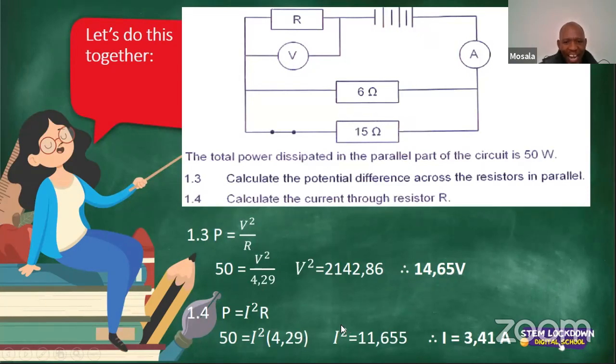Then we solve, I squared will be 11,655 and I will be equal to 3,41 ampere. But we know this resistor R and these parallel resistors are in series with each other. So it means their currents will be the same. So remember, in this instance, this I is the current that is being shared between the 6 ohm and the 15 ohm resistor.